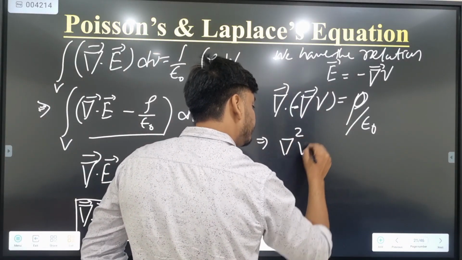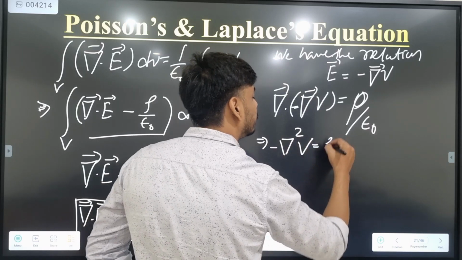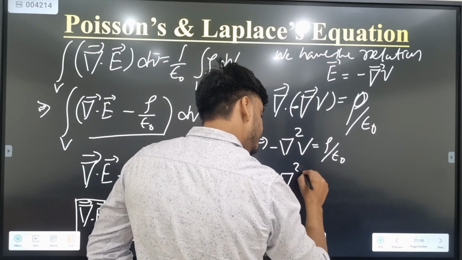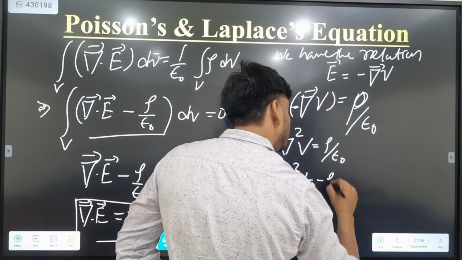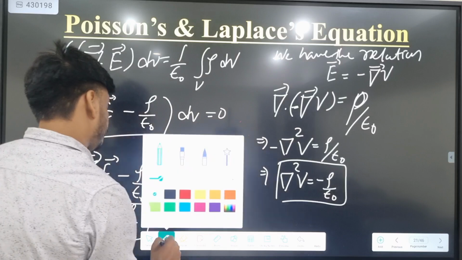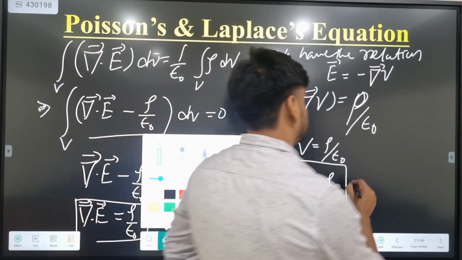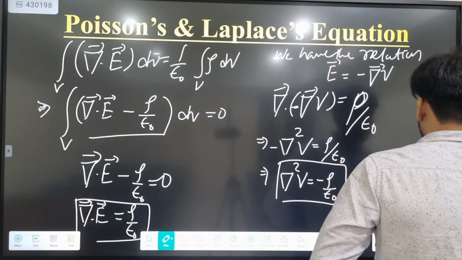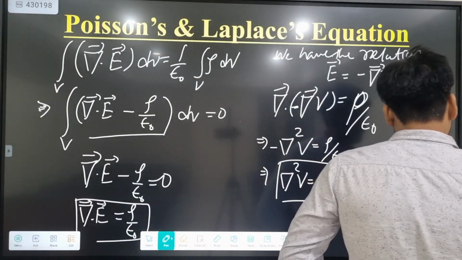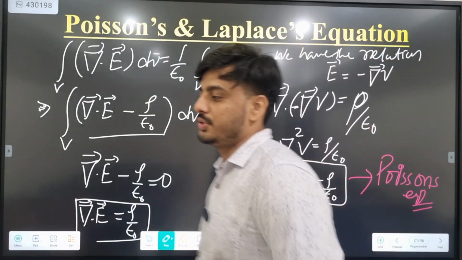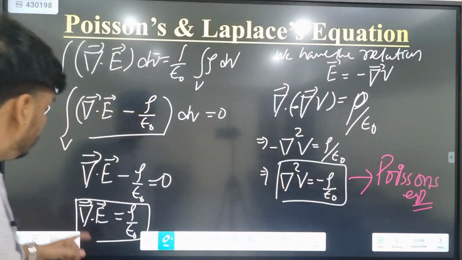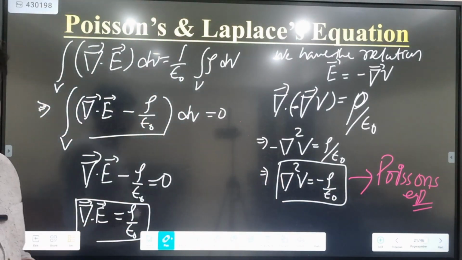So negative del square V equal to rho by epsilon naught, or del square V equal to minus rho by epsilon naught. This is Poisson's equation. Del square V equal to minus rho by epsilon naught, or del dot E equal to rho by epsilon naught.